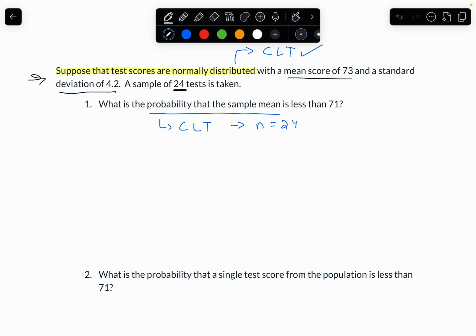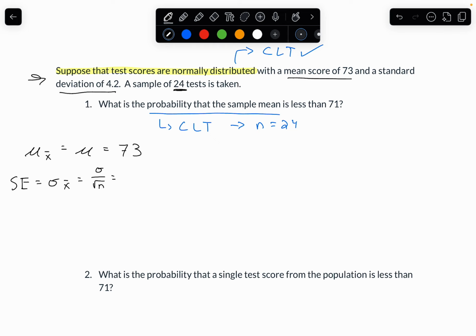So we need to start by finding the mean of the sampling distribution, the mean of our various x bars. Remember, that's the same as the population mean, which they tell us is 73. The standard error, or the standard deviation of the sampling distribution of sample means, is the standard deviation of the population divided by the square root of my sample size n.